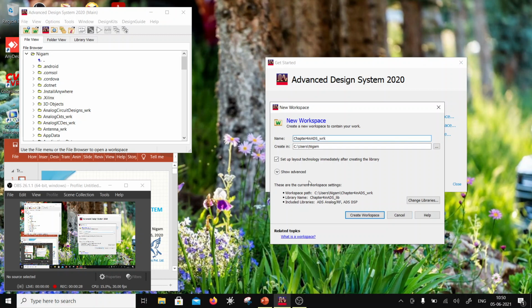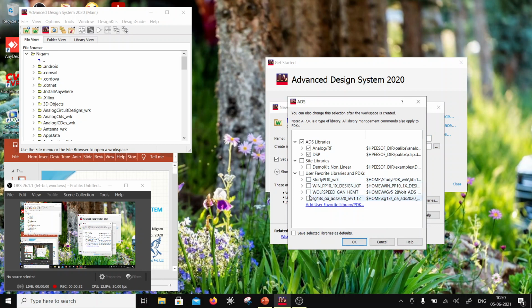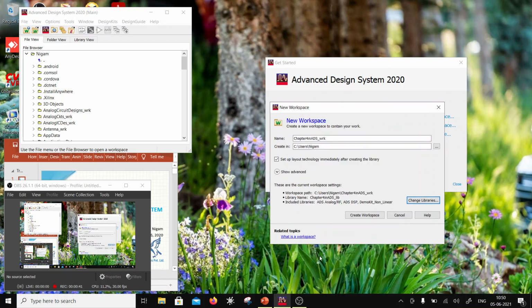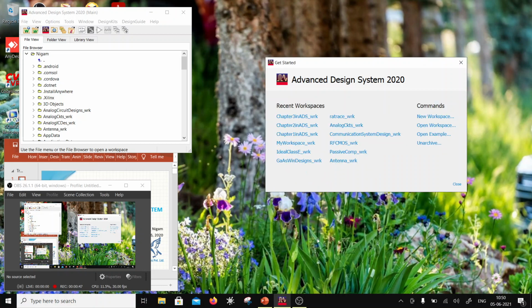And as for the technology file, I am going to select demo kit, right? Say okay. And as usual, set up layout technology immediately after creating the library and say create workspace.